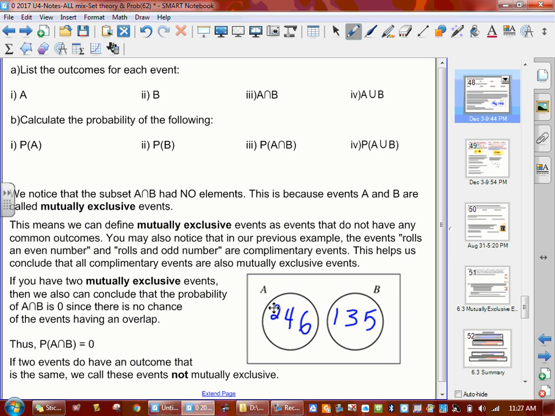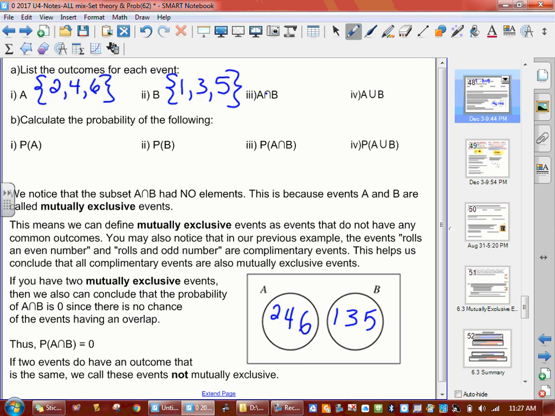Now remember, when we're listing, we are listing with our curly brackets. So A is 2, 4, and 6, and event B is 1, 3, and 5. So, what about A and B? Do we see anything with A and B? No, we don't, do we? What would A and B represent?